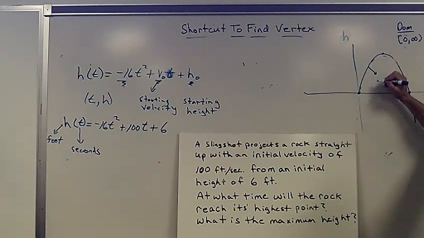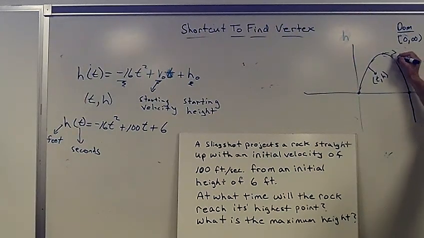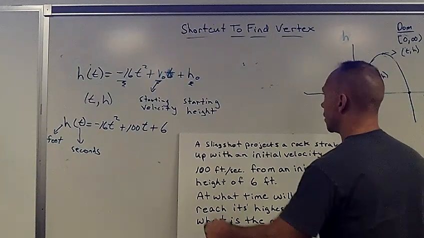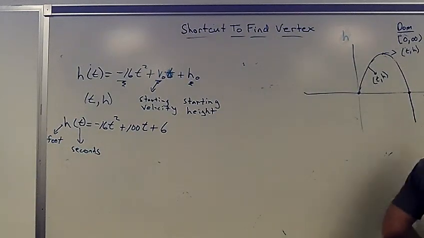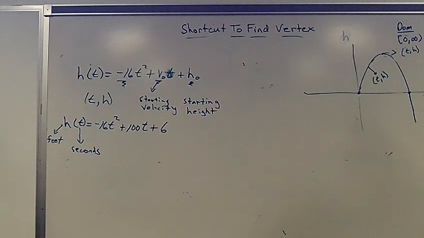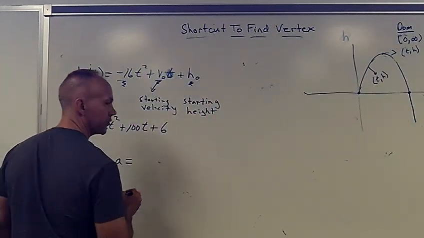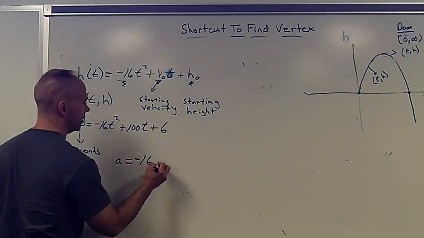Any point on here represents a time and a height. At this point right here, at the vertex, if I find that point, that will give me the time at which it reaches a maximum height. So, let's use the shortcut method to find the vertex. A in this case is going to be negative 16.